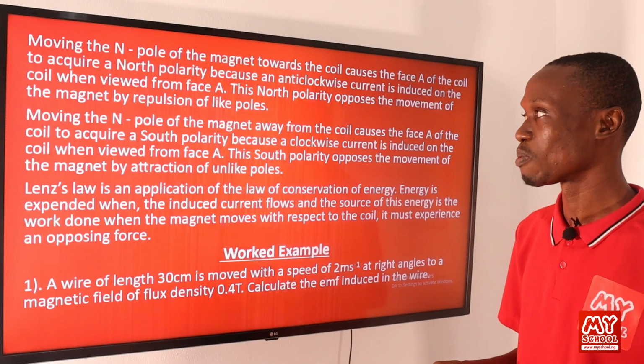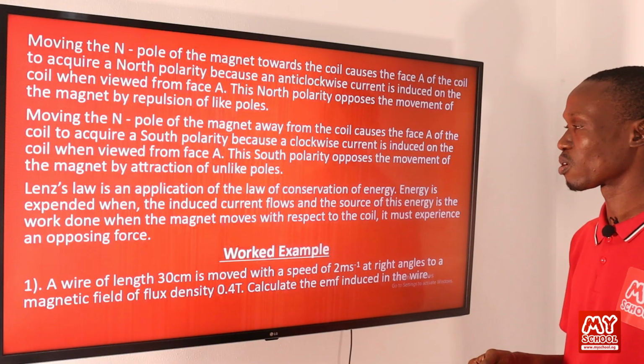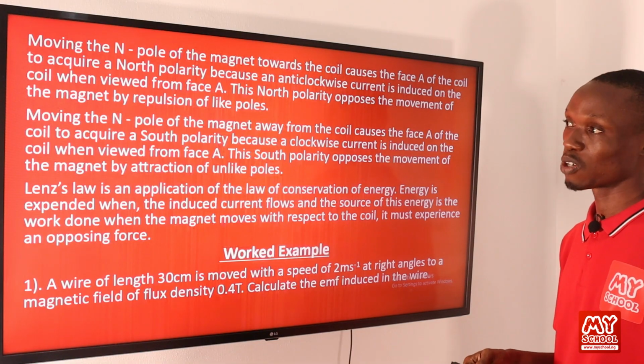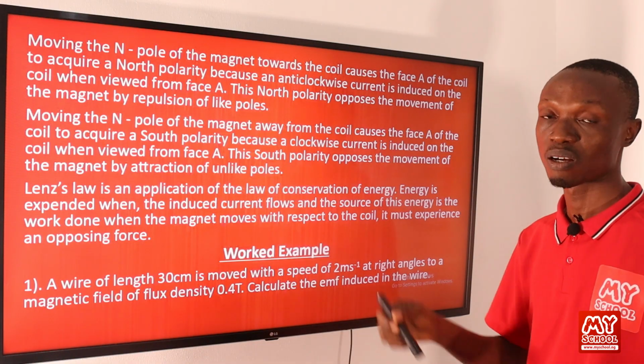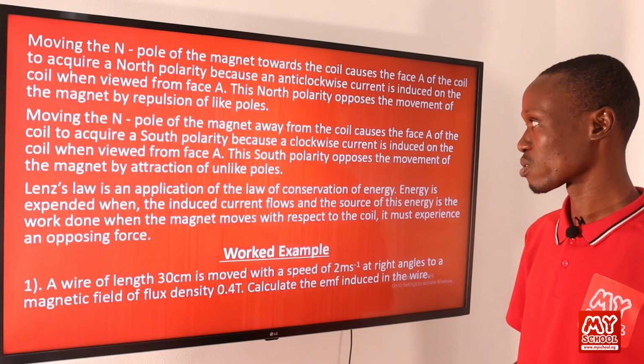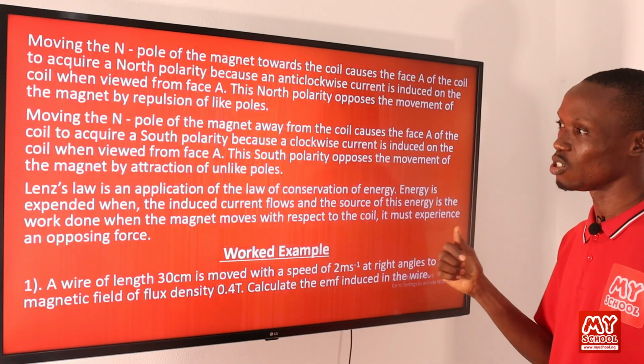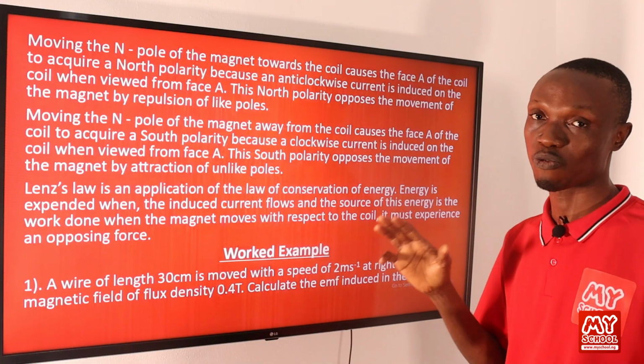Moving the north pole of the magnet away from the coil causes the face A of the coil to acquire a south polarity because a clockwise current is induced on the coil when viewed from face A.